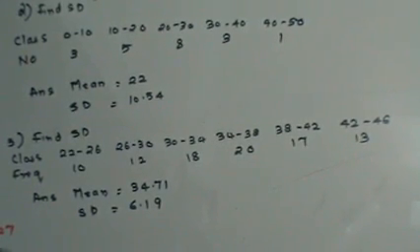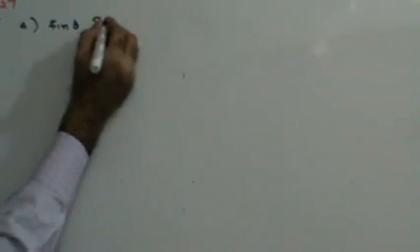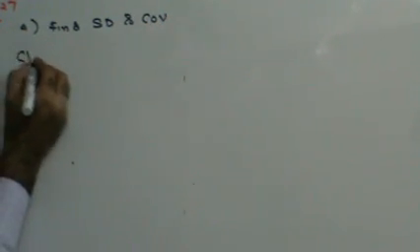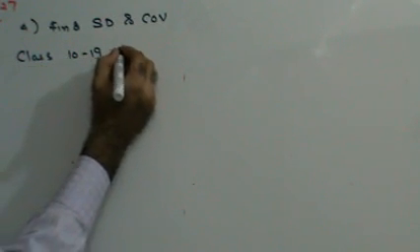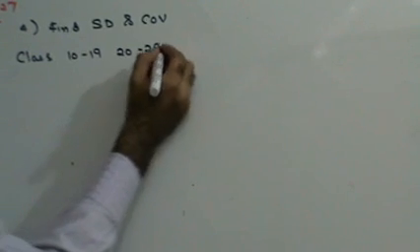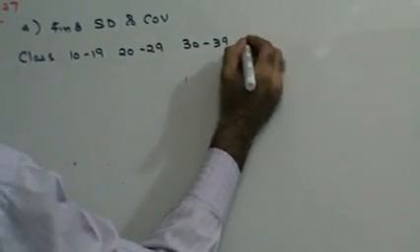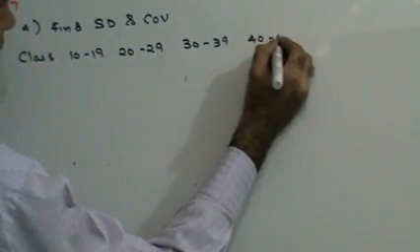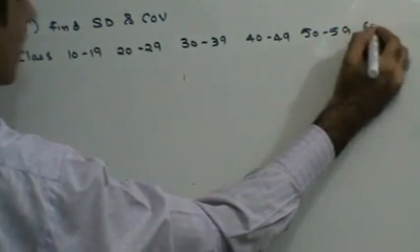Another sum of the same kind. Find standard deviation and coefficient of variation. Class interval is given as 10 to 19, 20 to 29, 30 to 39, 40 to 49, 50 to 59 and 60 to 69.